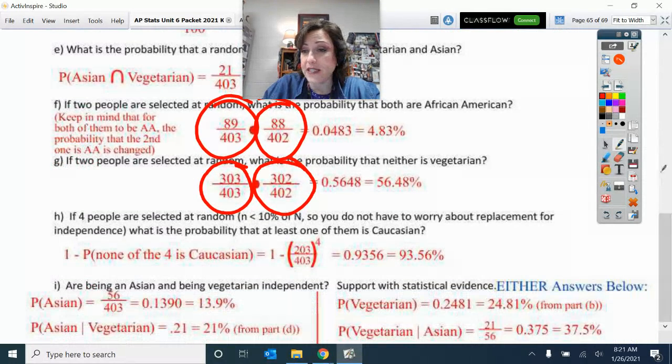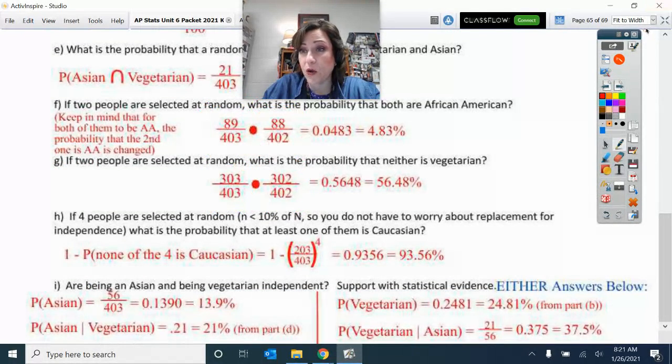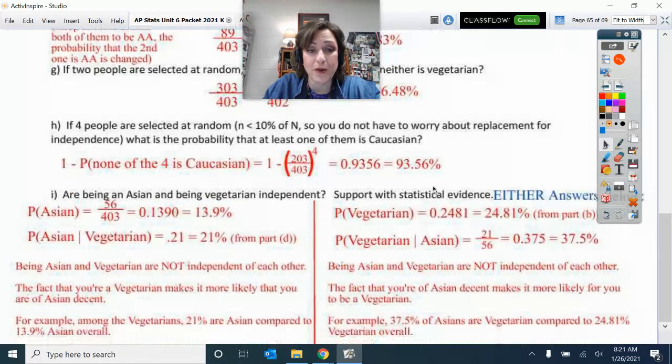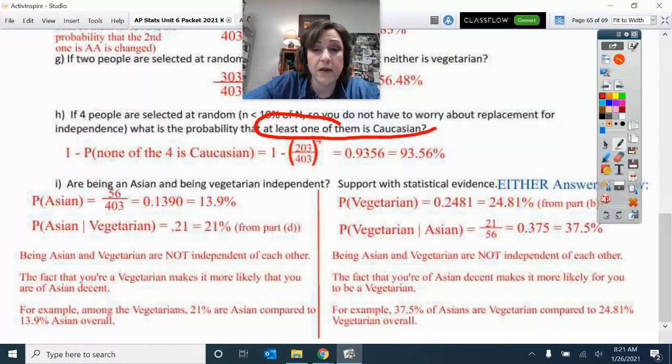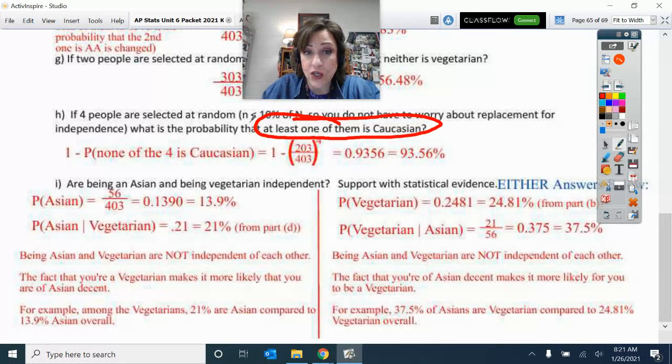Now, here is that independence question, I think. Oh, no, well, first, remember this old probability: at least one is 1 minus the probability of none. So out of 4, what's the probability that at least one of them is Caucasian?